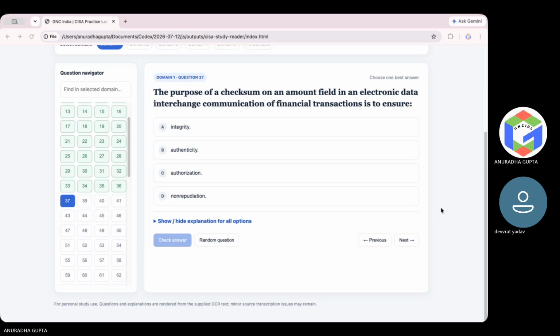Suppose you have committed one transaction. Okay, you have committed 10,000 rupees to your friend XYZ, and during the transaction you have put the amount 10,000, and then you made the transaction. Now what would happen in between?